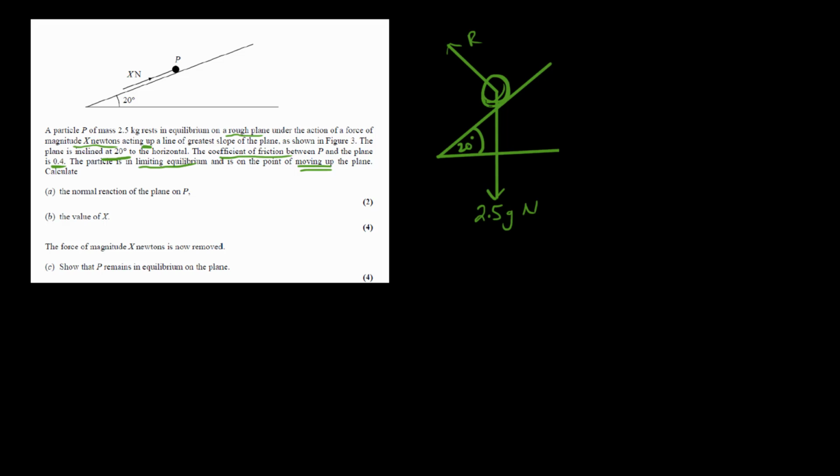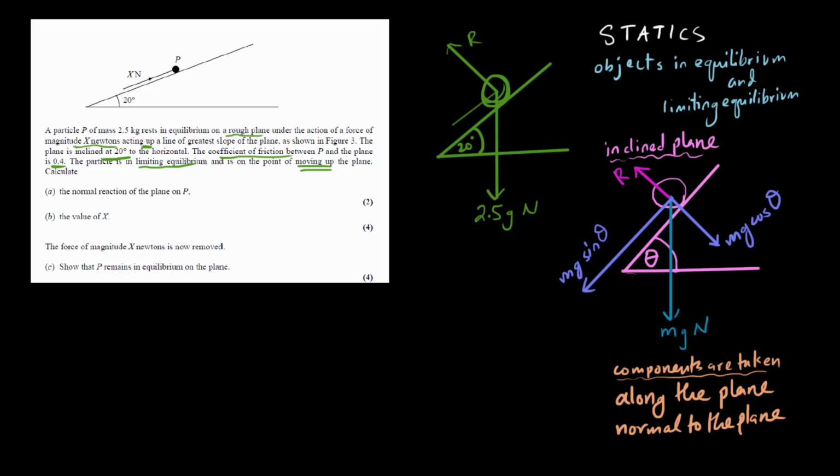Reaction force is R. Now if I break this down into two components, one component is going to be mg sine theta over here, the other one would be mg cos theta. So this is going to be 2.5 g sine 20, and this is going to be 2.5 g cos 20. So this component is done.